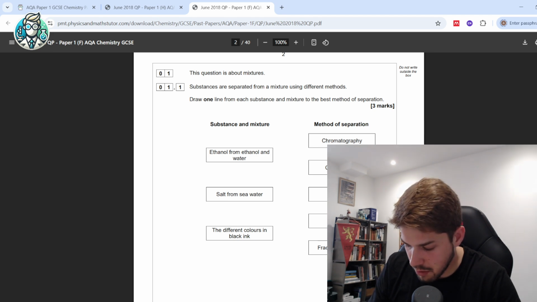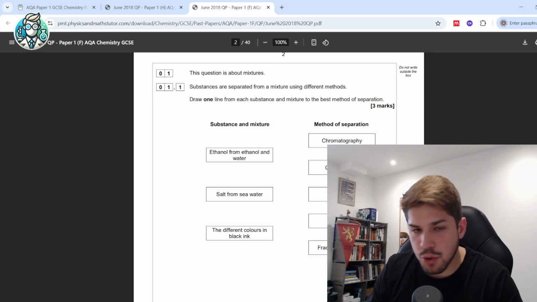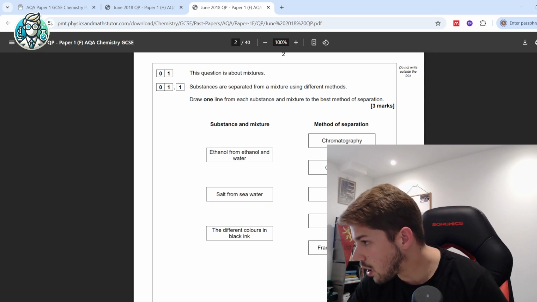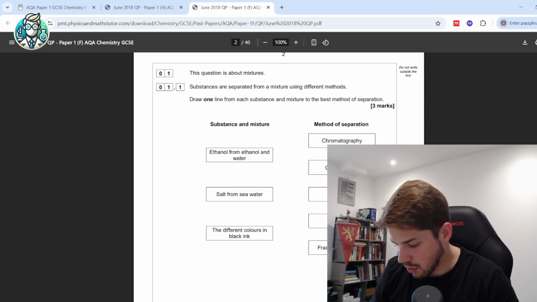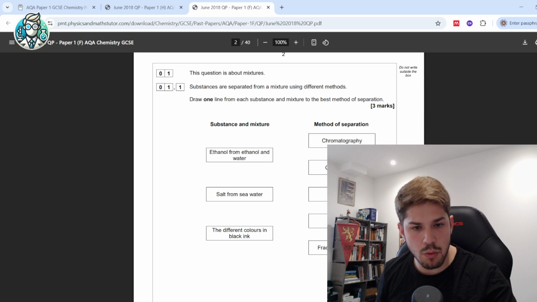So we have ethanol from ethanol and water. We have salt from seawater. And we have different colors. Okay, that's enough. Different colors. Let's go back to the page.